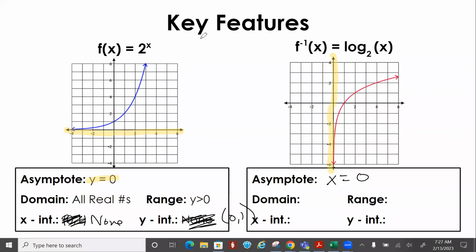The domain is going to be x is greater than 0. Notice how there's only x's on the right-hand side. There's nothing less than 0. The range is going to be all real numbers. That means I'm going to have a number for every y value. There's going to be a point. There's an x-intercept at 1, 0.